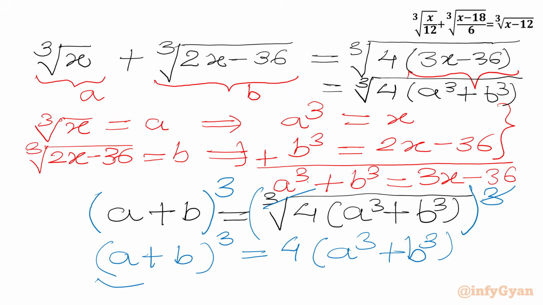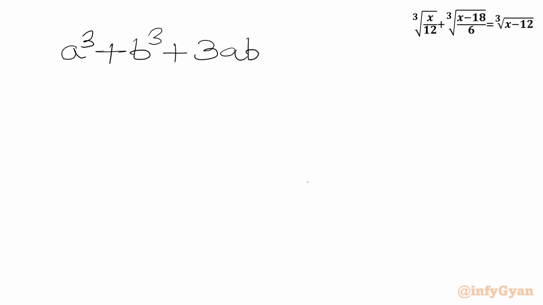Now we are going to use the a plus b whole cube identity in the left hand side. So we will get a cube plus b cube plus 3 times ab times a plus b. This must be equal to 4 times a cube plus b cube, which will be written as 4a cube plus 4b cube.